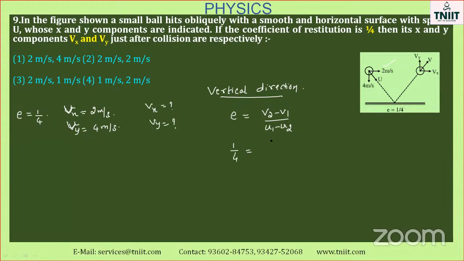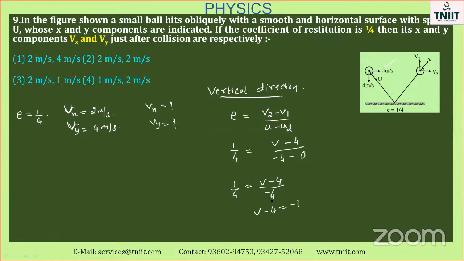Along the vertical direction, final velocity is V minus V1, which is 4, divided by U1, which is initially the vertical component velocity, minus 4. No U2 term here, so it will be 0. On cross multiplication, 1 by 4 equals V minus 4 by minus 4. So V minus 4 equals minus 1.